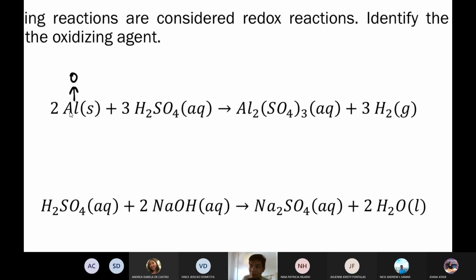Elemental state yan. Again, kapag elemental state, iisa lang element, walang charge. Yan, elemental state. So, 0 yan. Same as hydrogen, 0 yan. This is also elemental state. How about this? Ang dami. How about them?